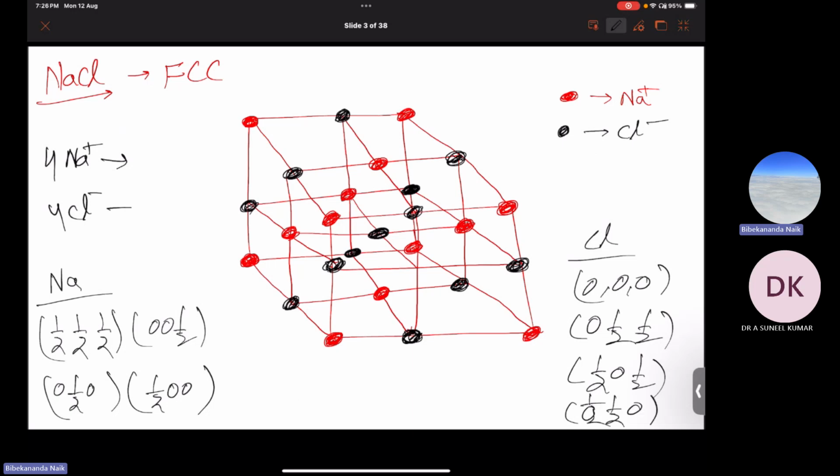So in each unit cell of sodium chloride, there are four sodium ions and four chloride ions. So similarly, in this magnesium oxide crystal also, there will be four magnesium and four oxide ions.